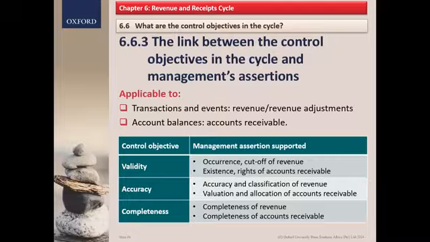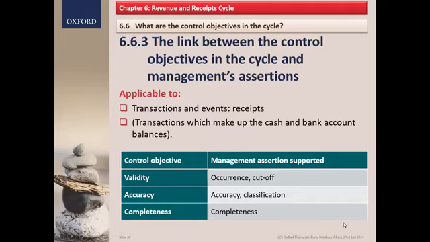Then completeness of accounts receivable as well. Our data is complete, and management needs to give us some information. So those are the linkages between control objectives and management assertions, which need to be supported by management.